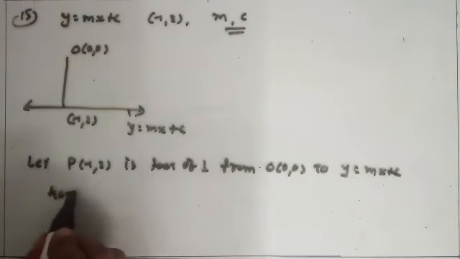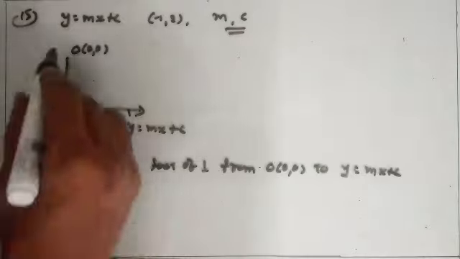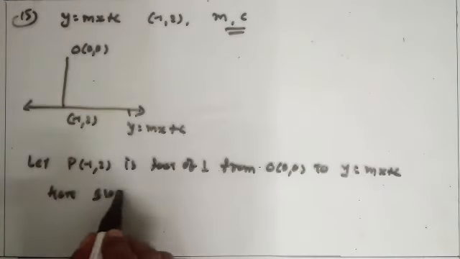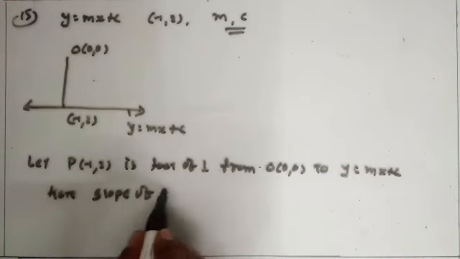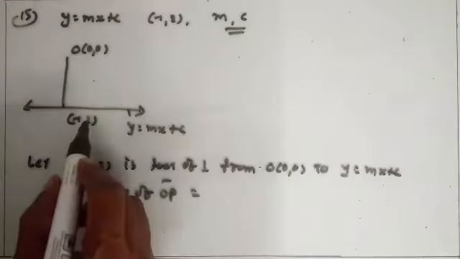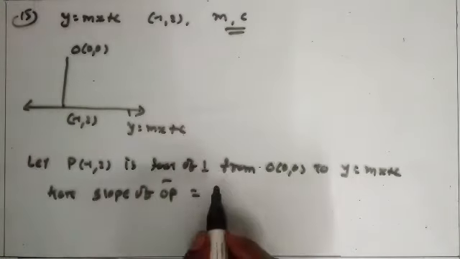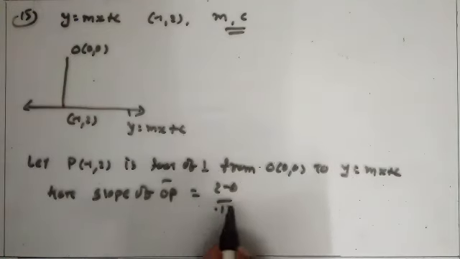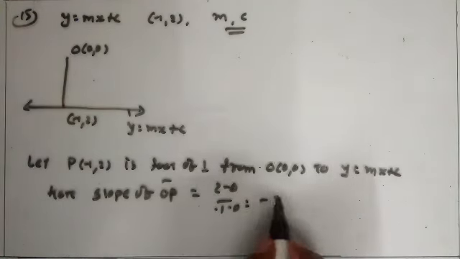Here the slope of OP is equal to (2 - 0)/(-1 - 0), which is equal to -2.